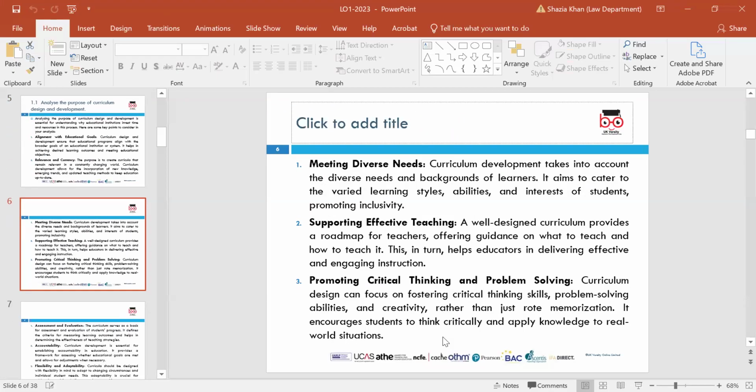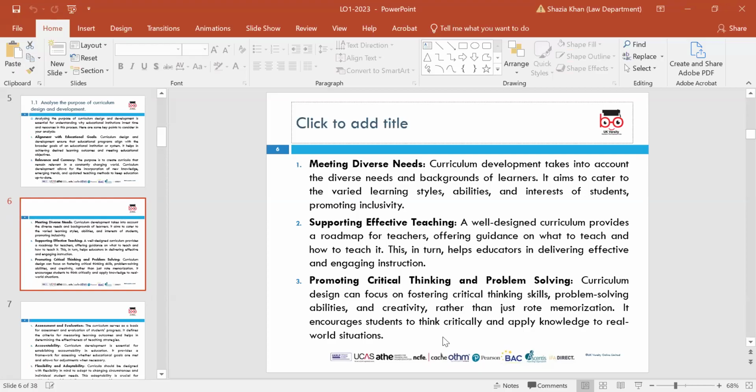Meeting diverse needs, so it needs to take into account the diversity and backgrounds of the learners. It needs to cater for the learners, and it's creating a plan that's going to teach and develop learners from diverse areas and identify their knowledge and skills.